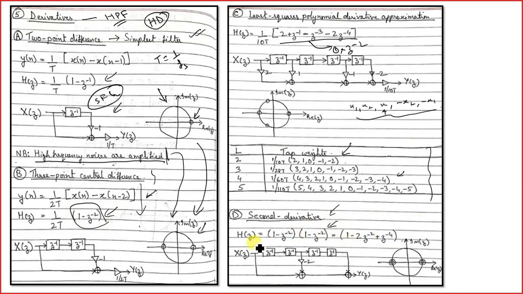When you simplify it, you get 1 minus 2 z to the power -2 plus z to the power -4. In this case you will have two zeros at -1 and two zeros at +1. And the realization of the filter would be something like this. This is directly from the simplified version.